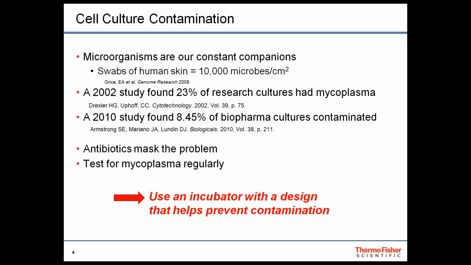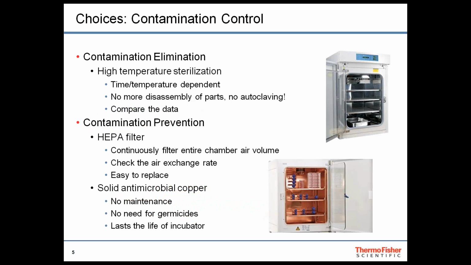But another easy way to reduce your chances of contamination is to use an incubator with a design that itself helps prevent contamination. Now, there are quite a few ways that your incubator can control contamination. Some direct heat incubators now come with an automated high-temperature sterilization cycle that eliminates any life from the incubator interior.